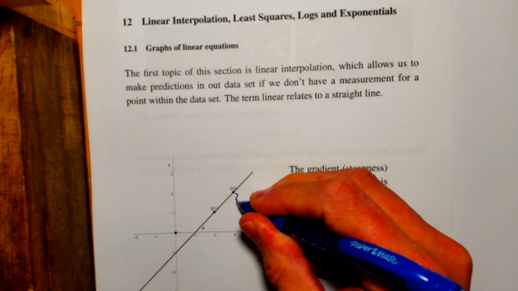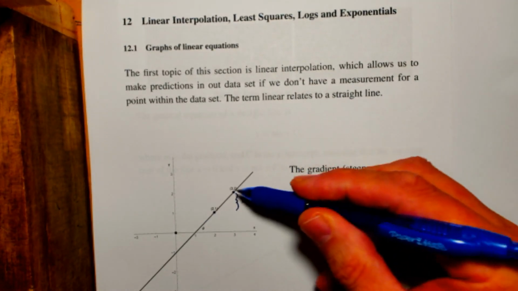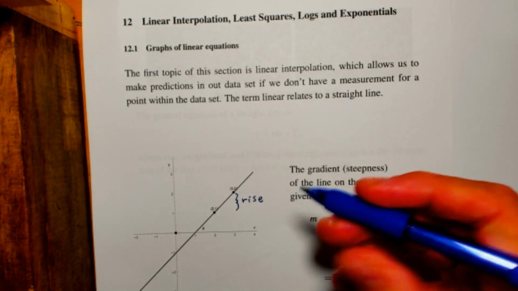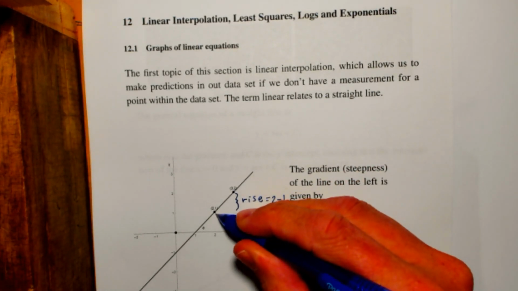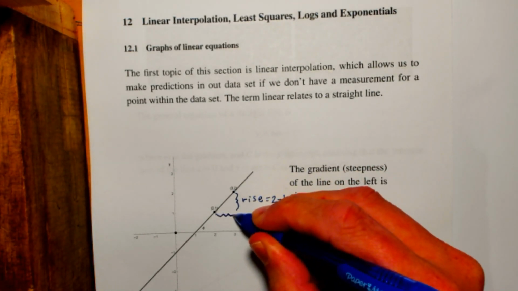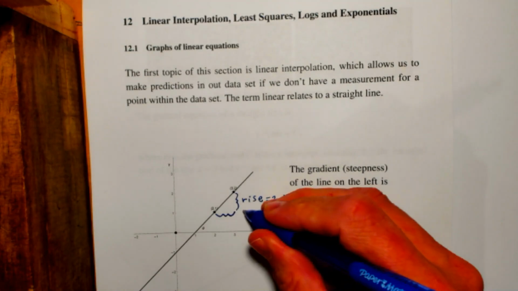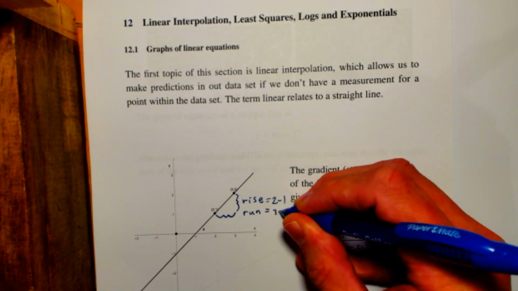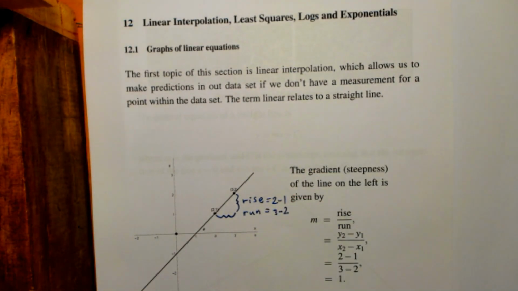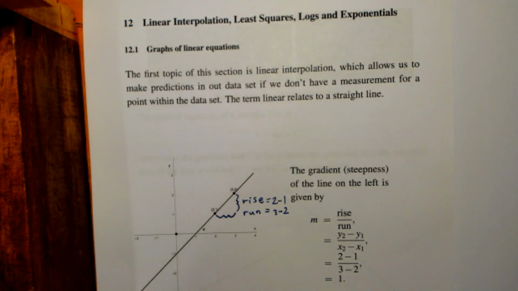This part here is the rise, and in this case it's 2 minus 1, and then the run is this little part, the difference in the x coordinates, which is 3 minus 2. So our slope then is 1 over 1, which is 1.